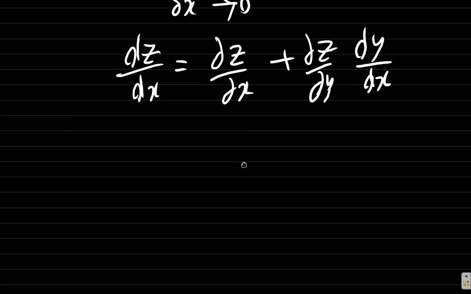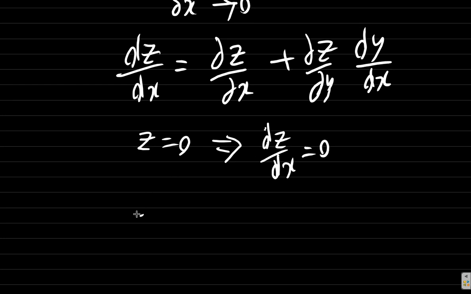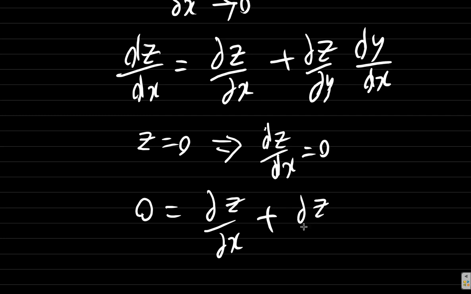Now, if z is 0, this implies that dz by dx is equal to 0. So we have 0 is equal to partial of z with respect to x plus partial of z with respect to y, dy by dx.